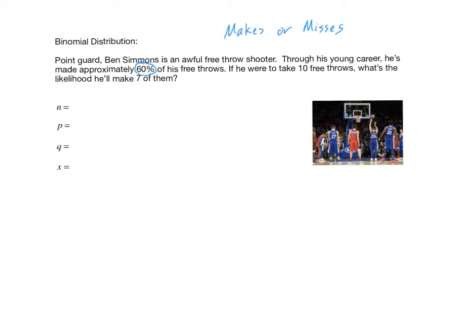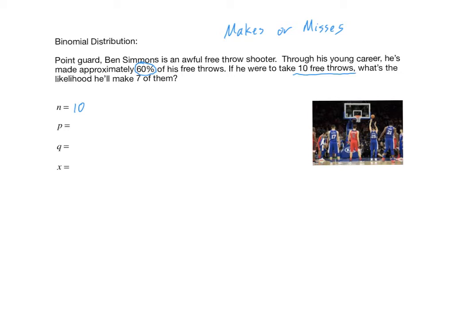Let's now go through and see if we can find the values of the variables. So first, n represents the number of trials. So how many experiments is he performing? Well, he's taking 10 free throws, so n is 10. Then p represents the likelihood of success on a single trial, so not overall, on a single trial.